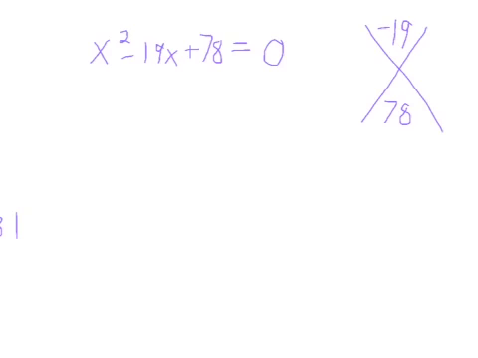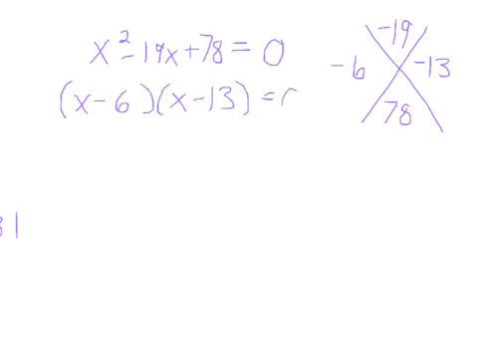So this is the type of problem you would probably want to use your calculator for. So after trying a couple numbers, I found that 6 and 13 multiply to 78, and I'm going to make them both negative. So they still multiply to a positive 78, but they add to a negative 19. So I got x minus 6 and x minus 13 equals 0.